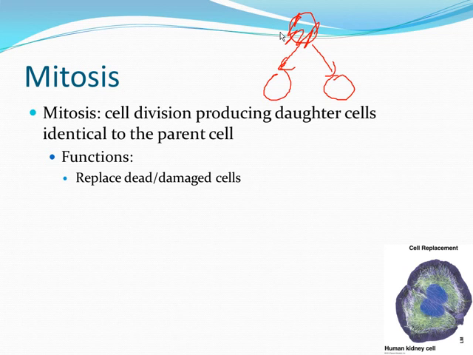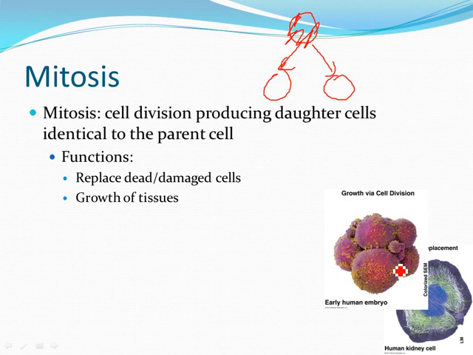Okay, so one of the functions is to replace any dead or damaged cells, as shown over here. So if it's like a damaged cell or a dead cell and we need to replace it, it will have to undergo cellular division or mitosis. Also, to grow, right? To be able to have us to grow to our height or even like muscle mass, and etc., we have to undergo mitosis to grow in that sense.